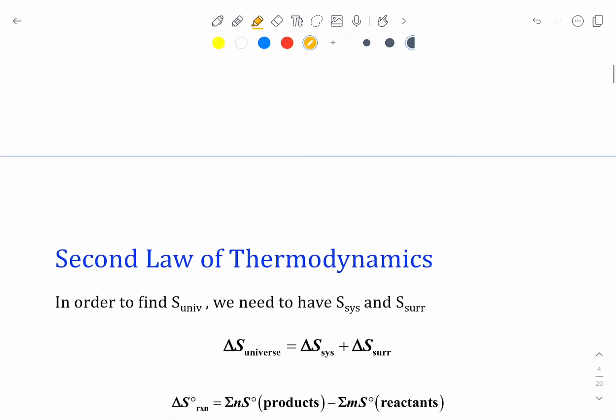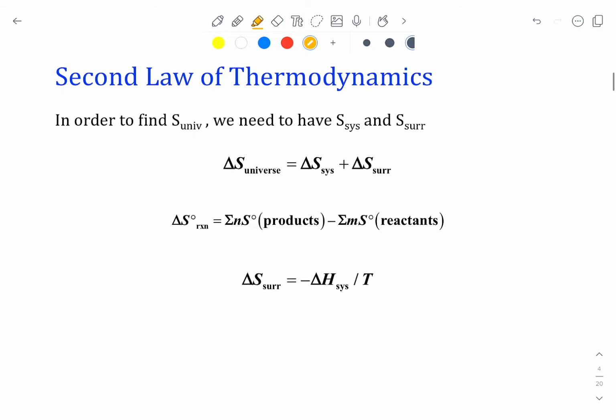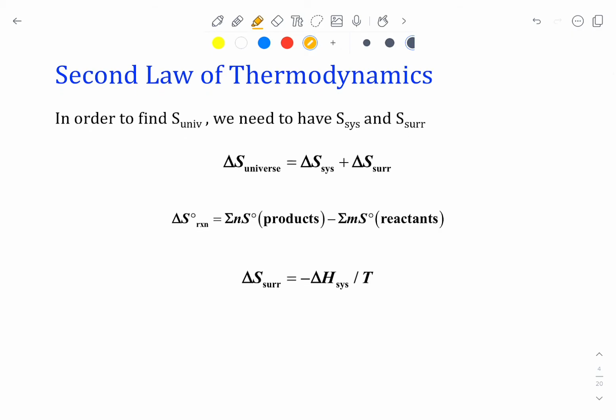So how do we actually calculate the delta S of the universe, the change in the entropy of the universe? Well, we know that it takes into account the change in the entropy of the system and the change in the entropy of the surroundings. In a previous lesson, we've talked about how to find the change in the entropy, specifically of the system or of the reaction. The system and the reaction are the same thing.